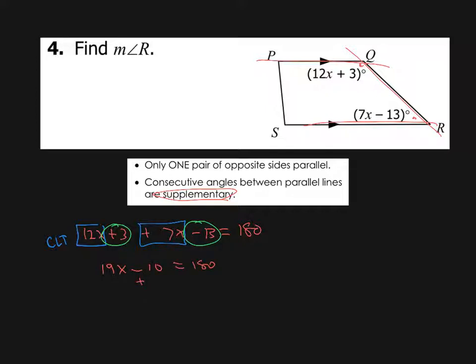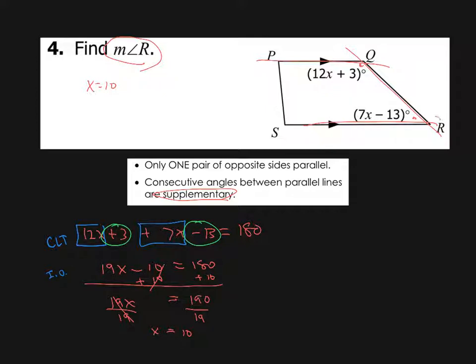I'm going to add 10 to both sides. And I'm now using my inverse operations to solve the problem, and I'm going to get 19x is equal to 190. Divide by 19 on both sides, and I'm going to get x is 10. Now, they want me to find the measure of angle R, so I've got that x is 10, but I'm not done.